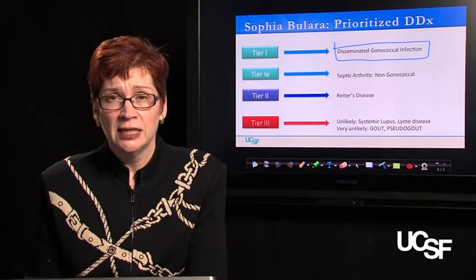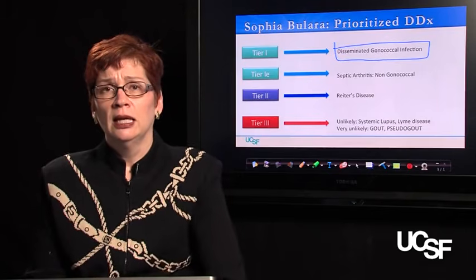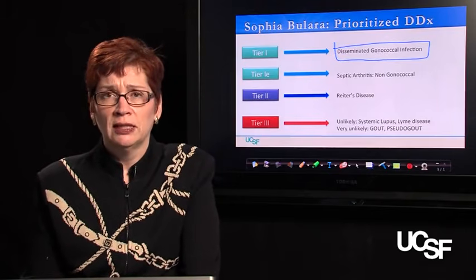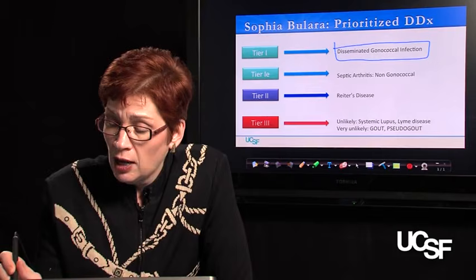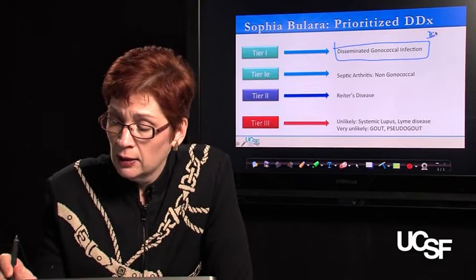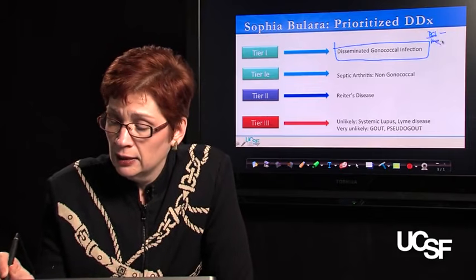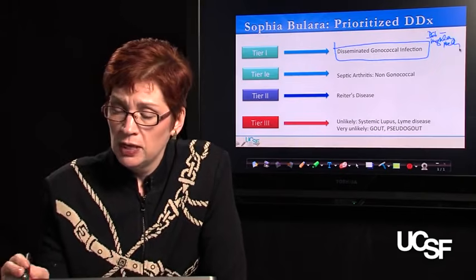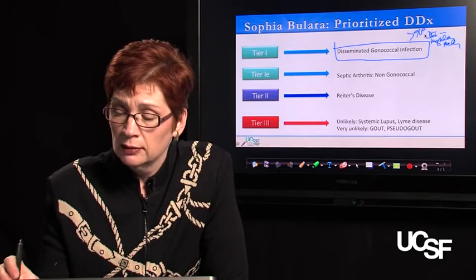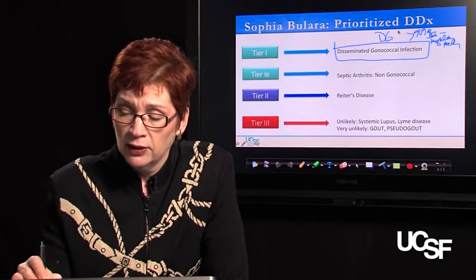In fact, that's almost a key feature in this particular environment for disseminated gonococcal infections. So she's tier 1, and given that key feature, I would say that DGI is a highly likely or very likely diagnosis. So she'd be in that greater than 90% for disseminated gonococcal infection.